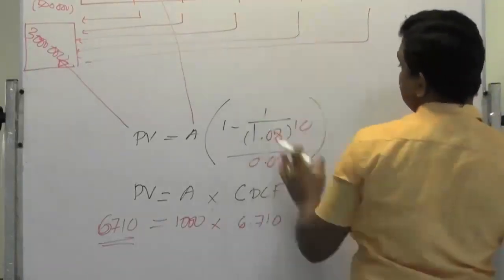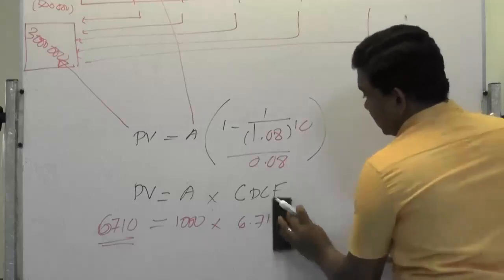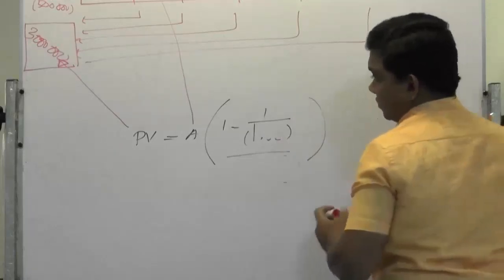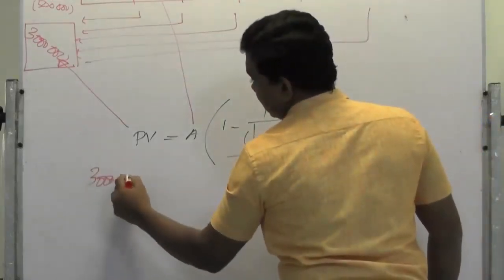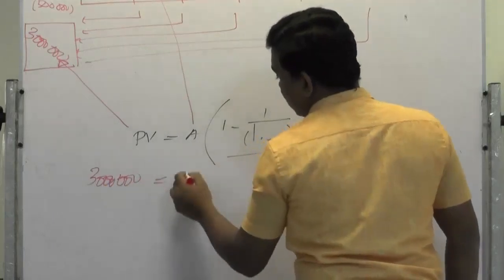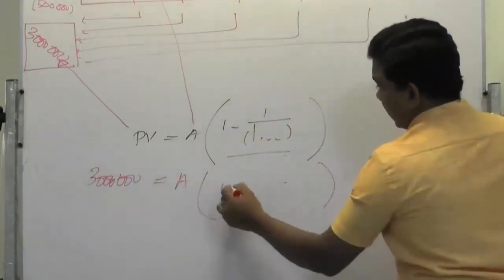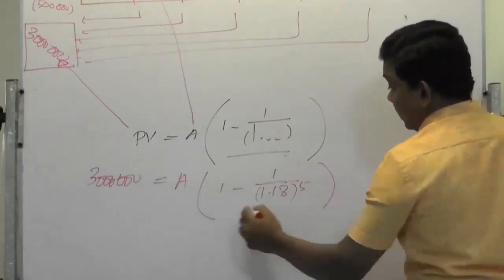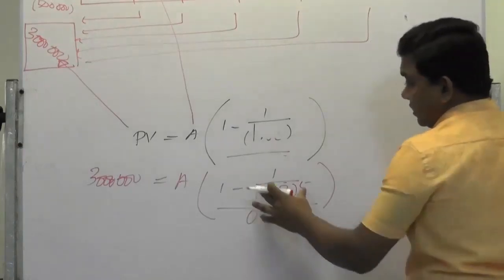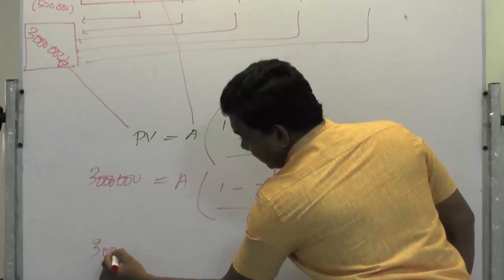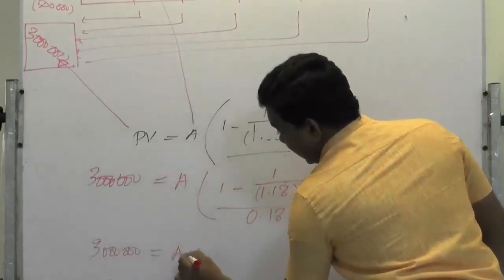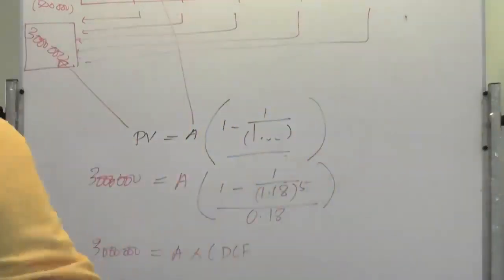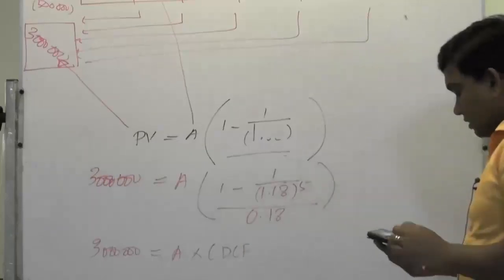Interest rate and number of years have to be changed. Let's change these figures now. Present value, you know, you have a 3 million loan to pay. Installment you know, that is the annuity. 1 minus 1 divided by 1.18, because 18% per annum, number of years 5, divided by 0.18. This is the cumulative discounting factor. 3 million equals A into the cumulative discounting factor. Let's see the cumulative discounting factor. You can use your table.